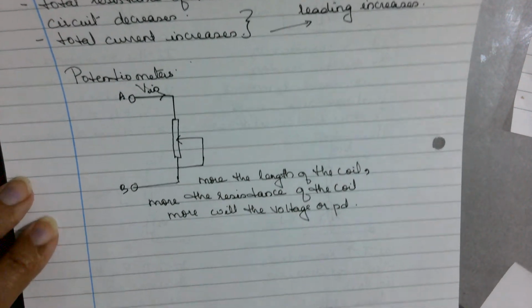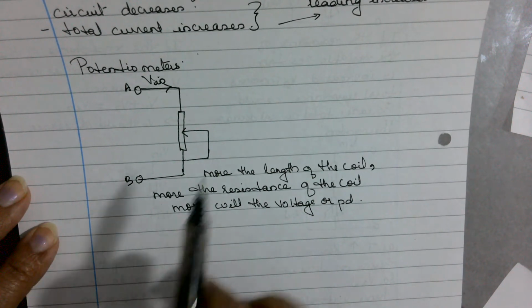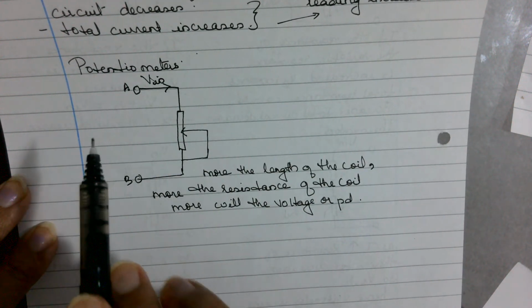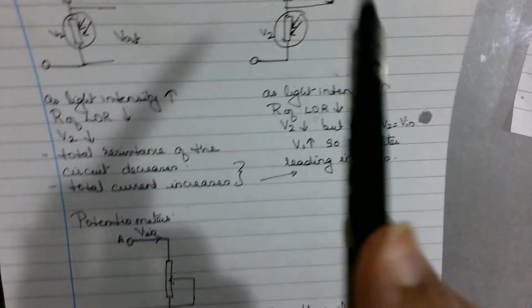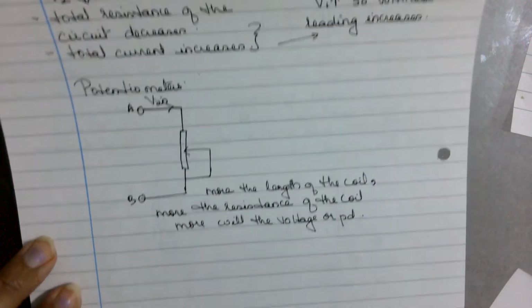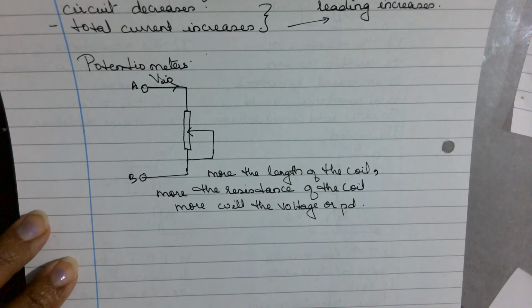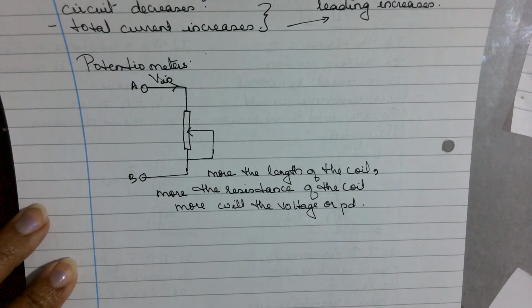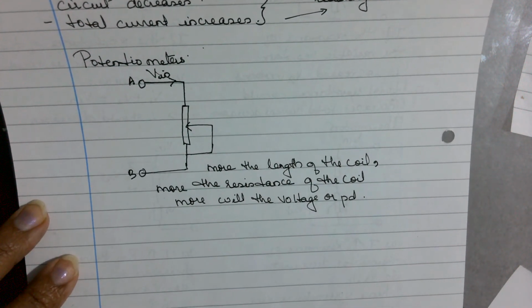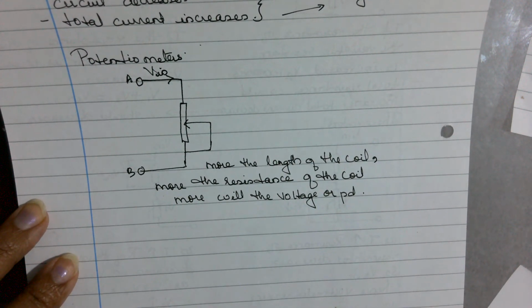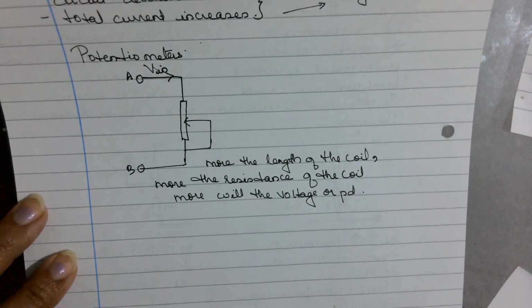Okay. Now one common exam question you will get is, they will give you a circuit diagram like this, and then they will give you a circuit diagram of a variable resistor one or a potential divider, and they will ask you which one is better. So always potentiometers are better than potential dividers. Why?